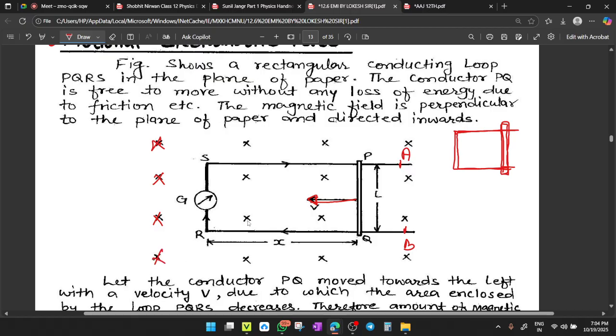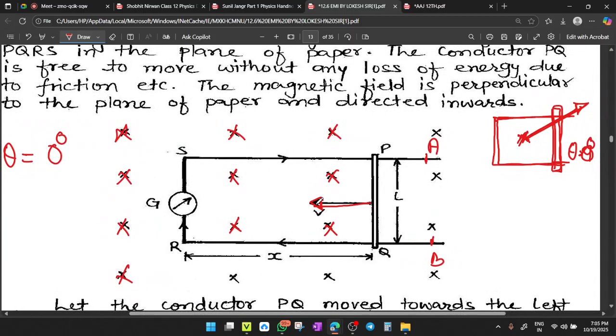Now you see the direction of the magnetic field is going inward. So theta may be considered as 0 degrees, because the normal of the plane can also be considered as inward, and the magnetic field is penetrating in the same direction. So theta equals 0 degrees. Clear?